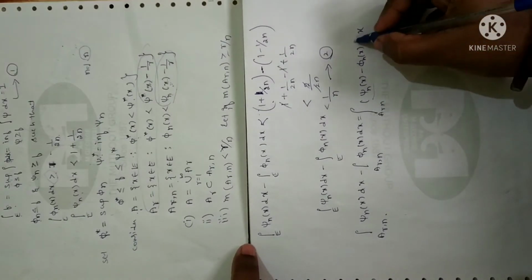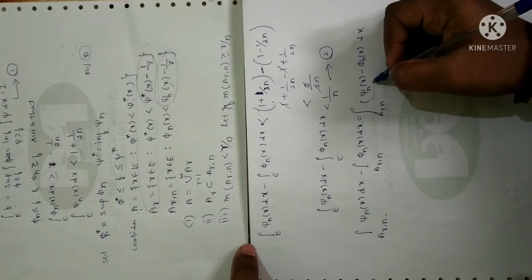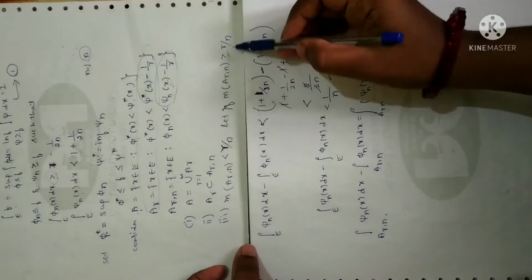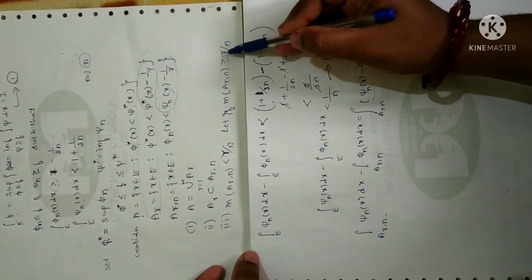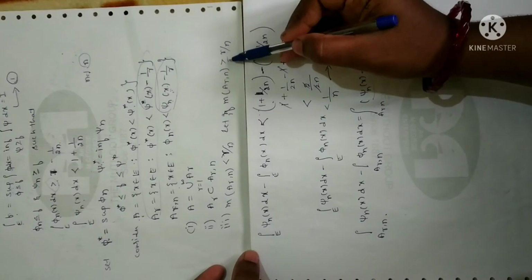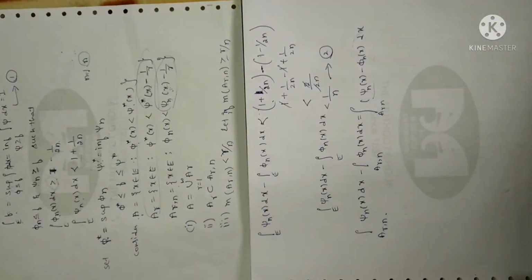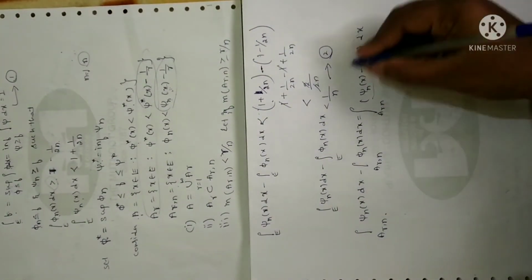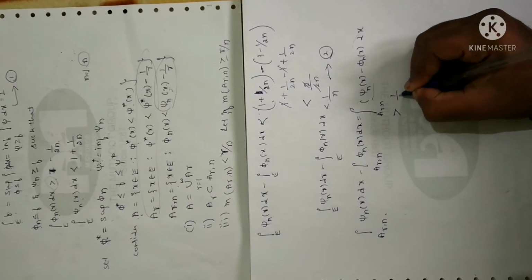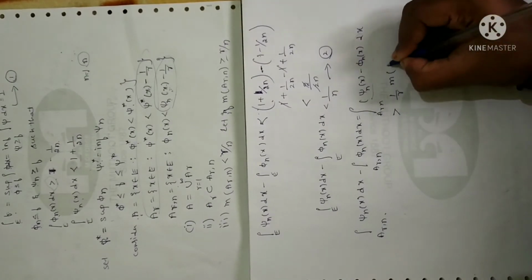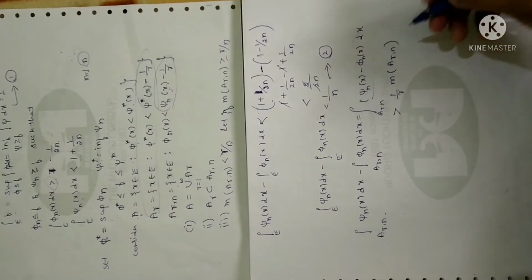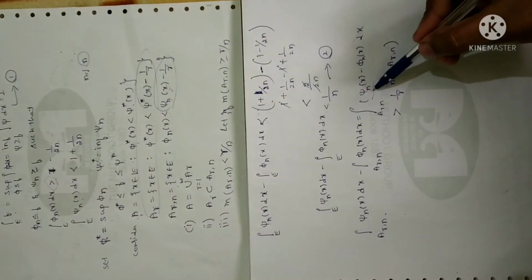Now whatever difference you take, as I already told you, it will be greater than R by n. That is what I have assumed, right? So it is greater than 1 by R times n, or else I can write this as greater than 1 by R times the measure of ARn, as per the properties that I did in the previous session. Please go through that.